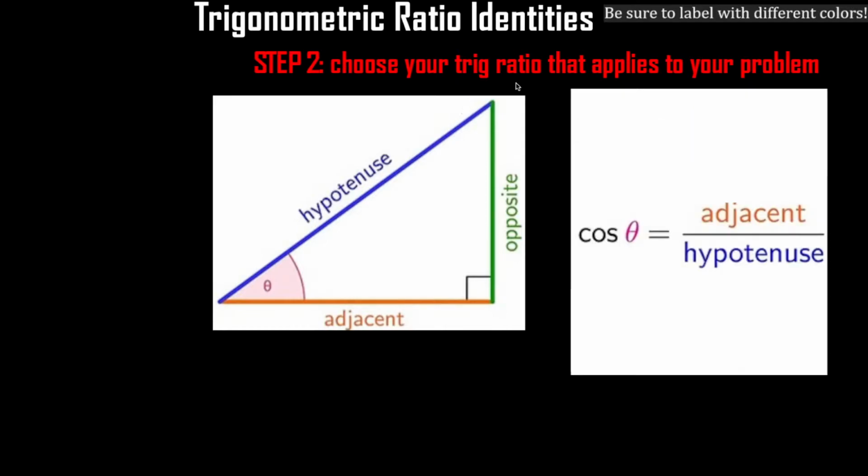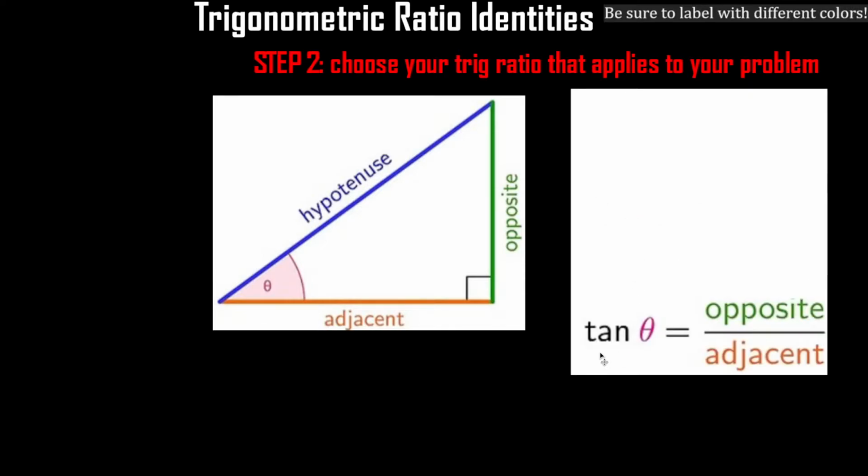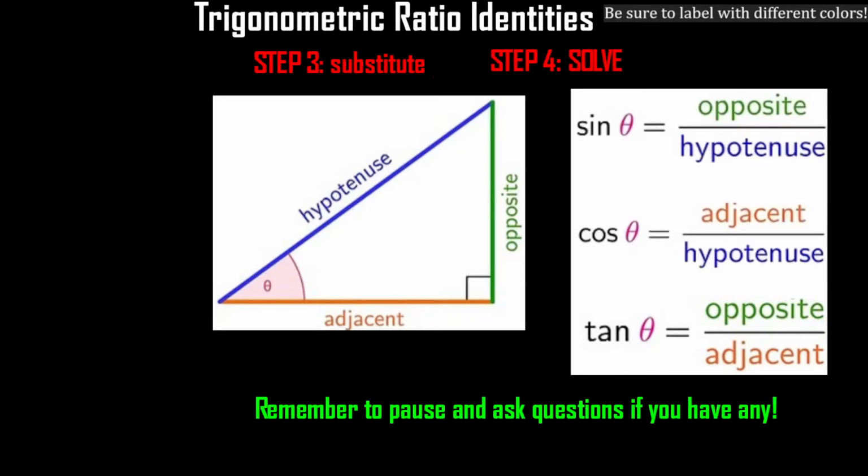The other trig ratio identity that we need is the cosine of theta, which is adjacent divided by hypotenuse. And then the third one is the tangent of theta, which is equal to the opposite divided by the adjacent. Again, make sure you have each of those for yourself.